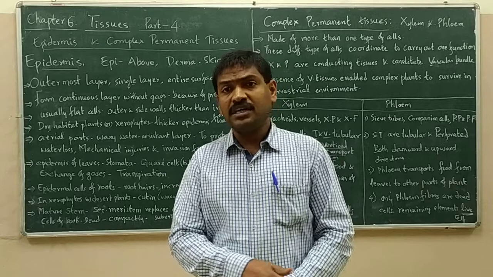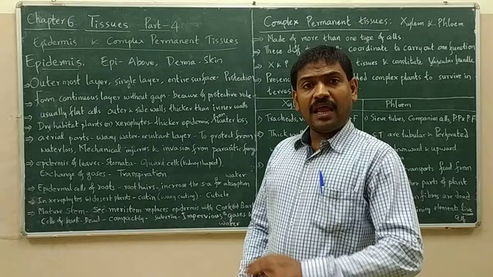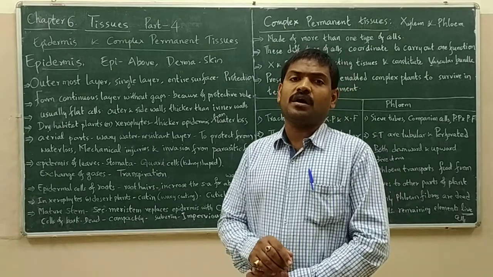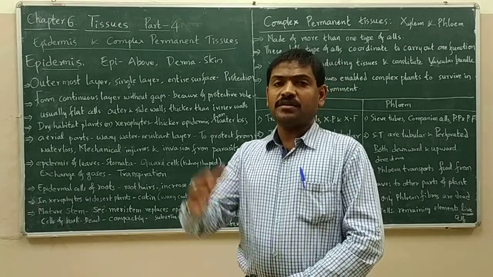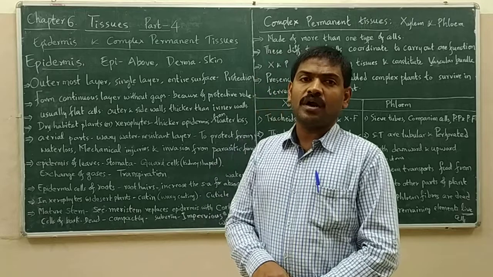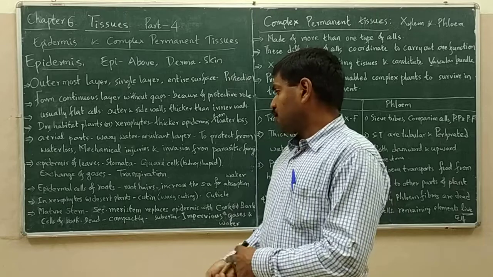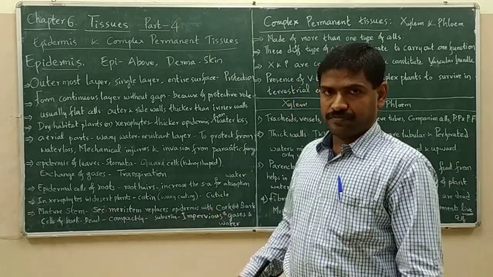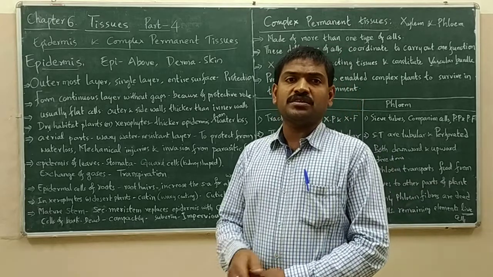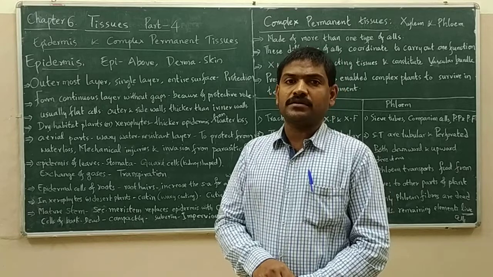In those plants, in their mature stems, the epidermis is replaced by a special dead tissue called cork or bark. This cork or bark is produced by the secondary meristem, which starts its functioning after a later period of growth in woody plants.